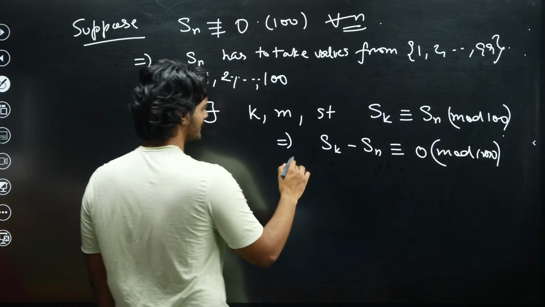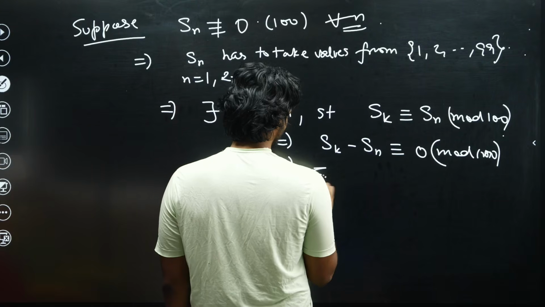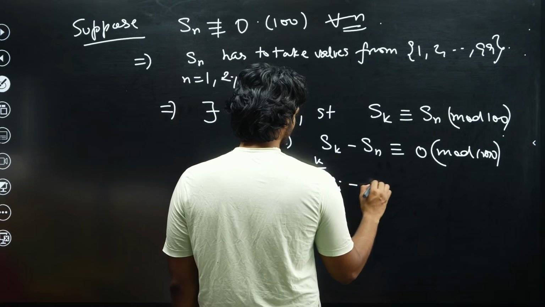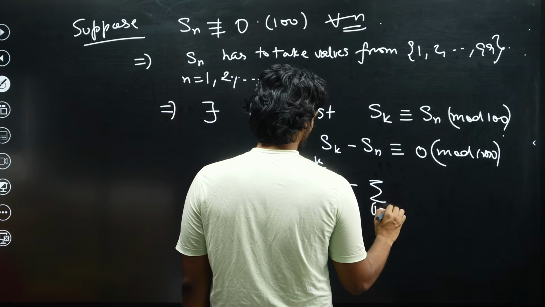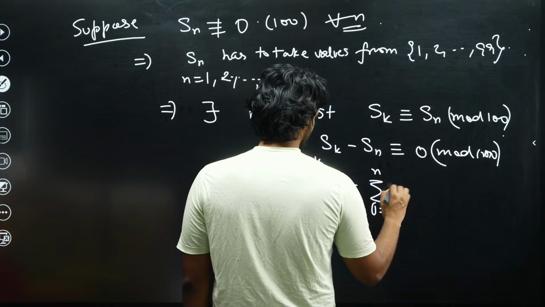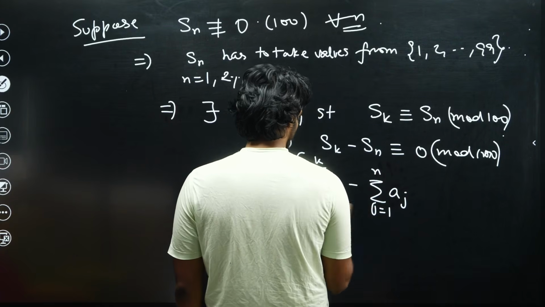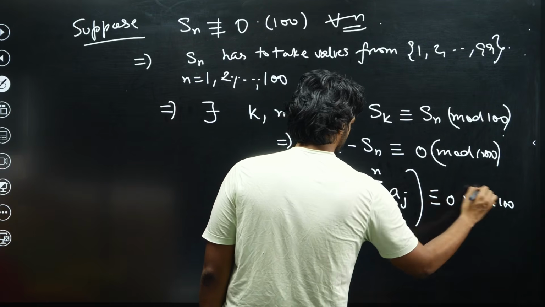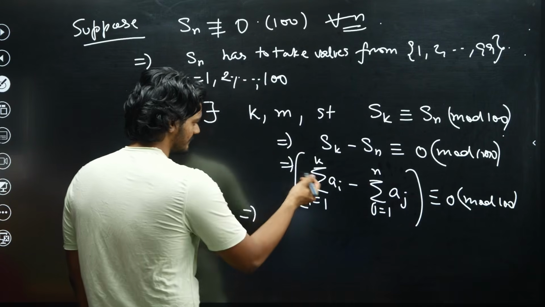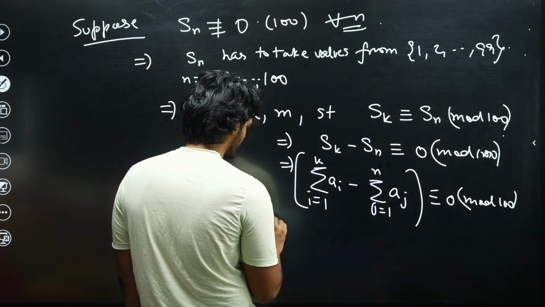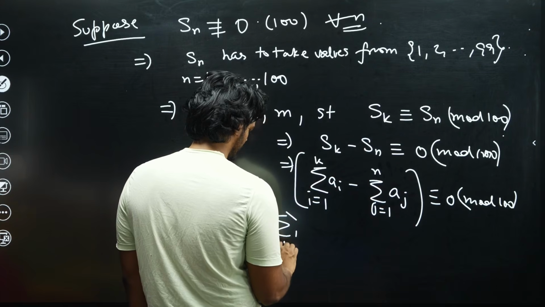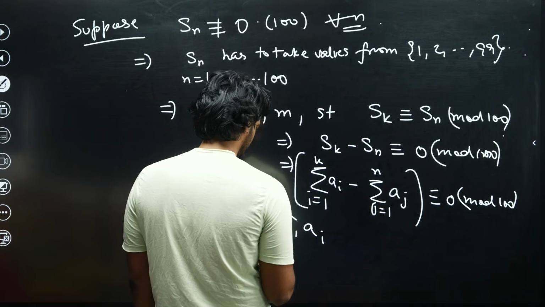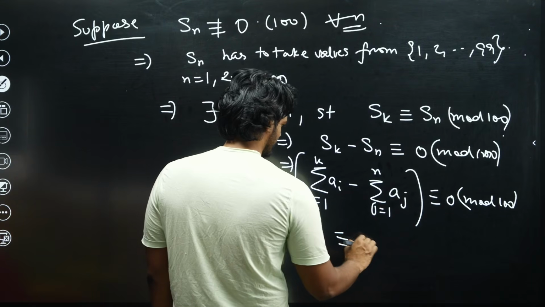That's it. Now this will simply give me the summation i varies from 1 to k of ai minus the summation j varies from 1 to n of aj, which is equivalent to 0 mod 100. This sum is basically, till n you are cutting off, so n plus 1 to k, ai is congruent to 0 mod 100.